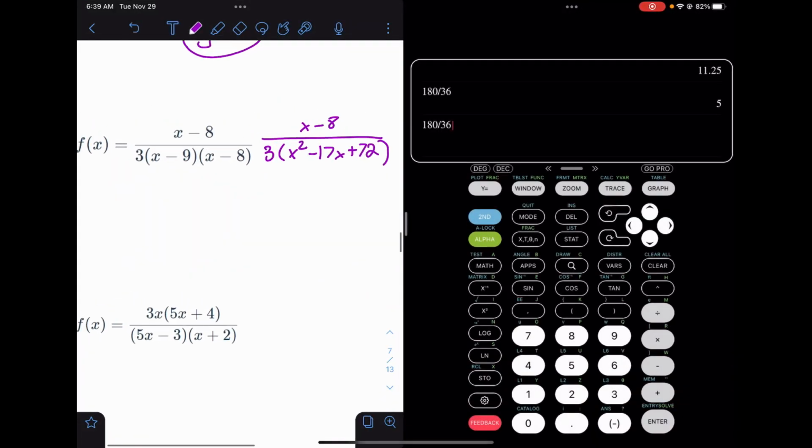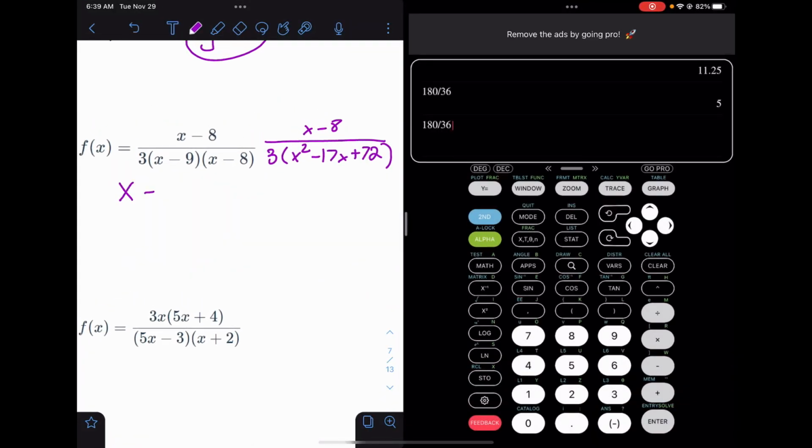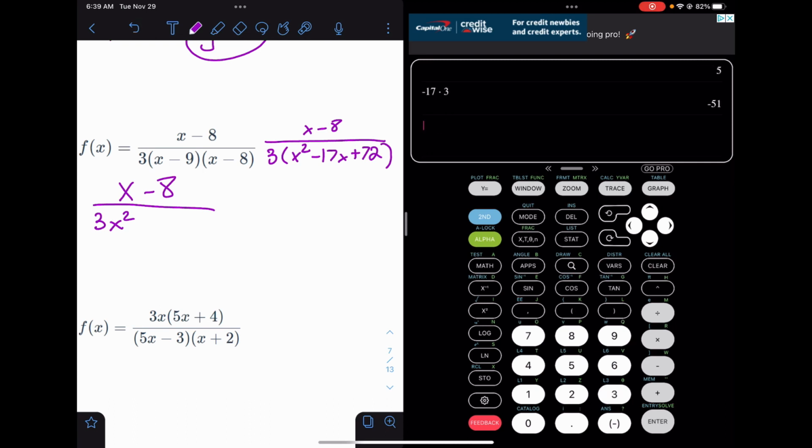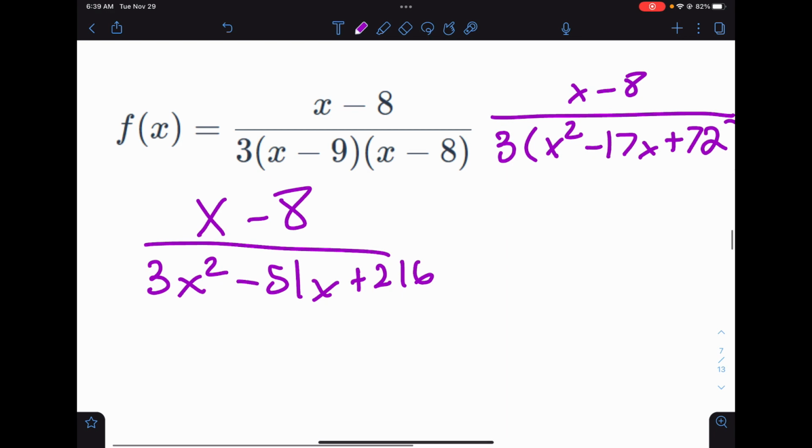So we could go ahead and distribute that 3. We get x minus 8 all over, and then we get 3x squared, negative 17 times 3, negative 51x, and then 72 times 3, we get 216. So all I did there was multiply out the denominator into standard form and distribute my 3.